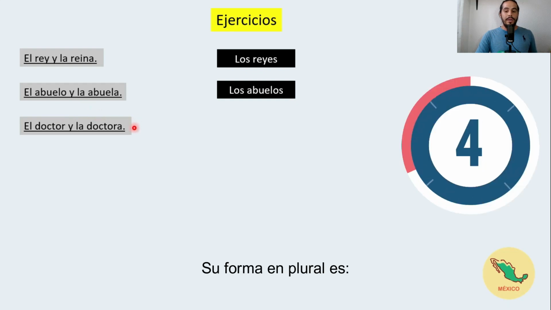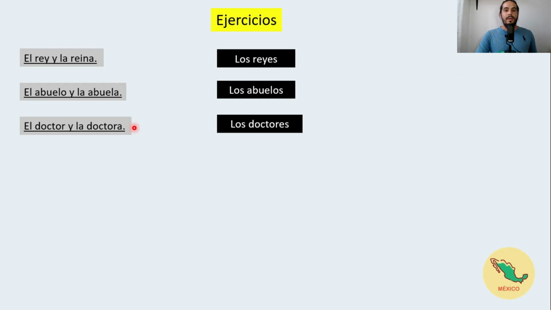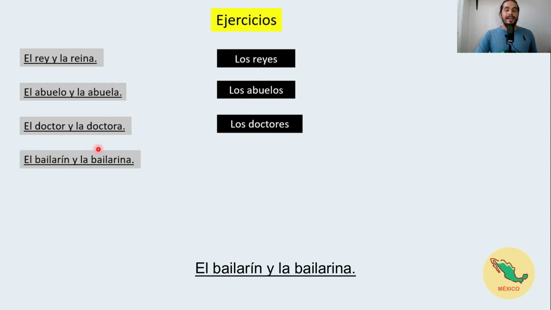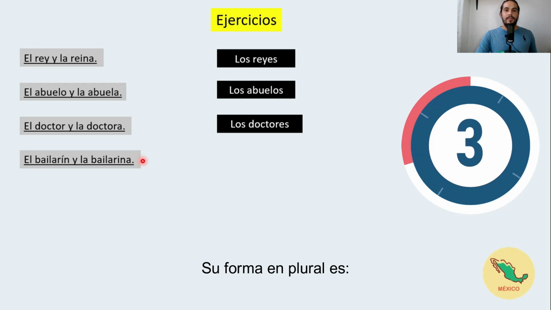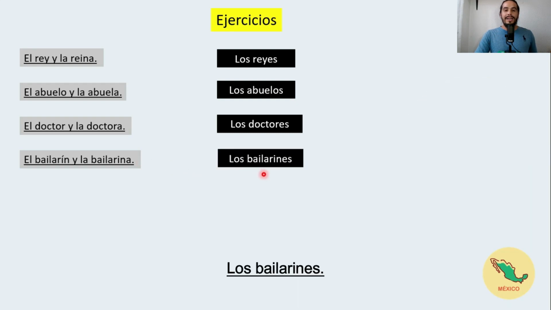Its plural form es los doctores. El bailarín y la bailarina. Its plural form es los bailarines.